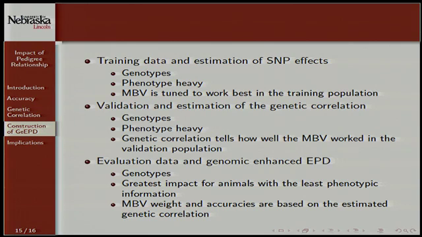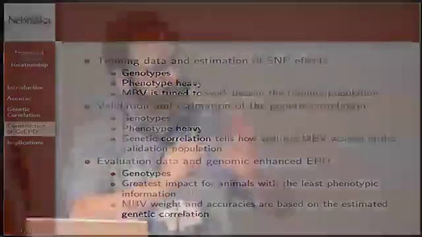And those MBV weights, how much do you weight it versus phenotypic information, and the accuracies you get out are going to be based on the estimated genetic correlation. The true weights and the true accuracies are going to be based on the true genetic correlation. Okay? And if we don't have that pedigree relationship correct, we're using the wrong value, even if we have a highly accurate estimate of the wrong value.